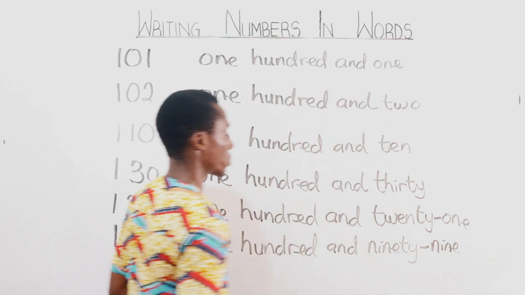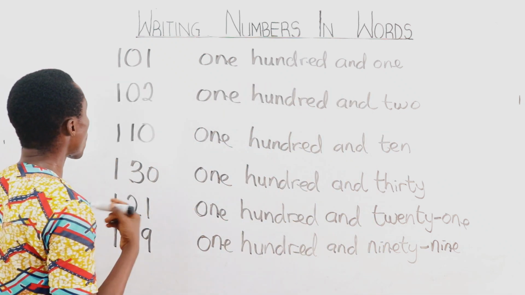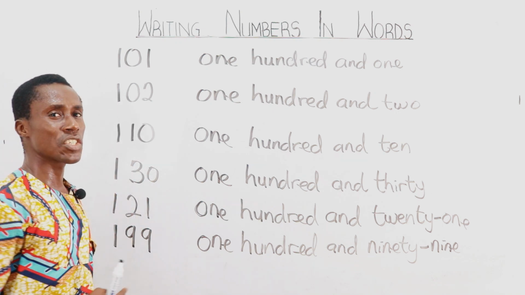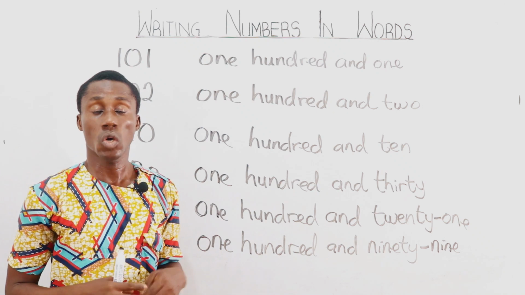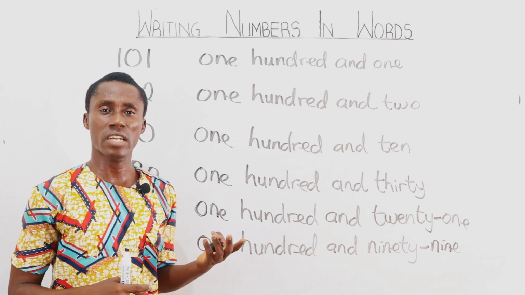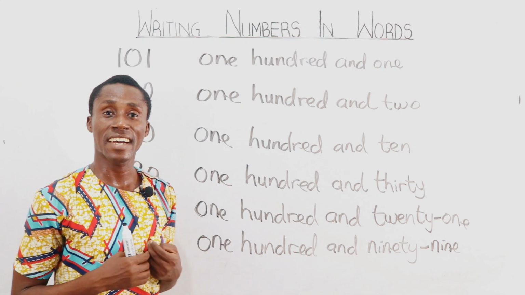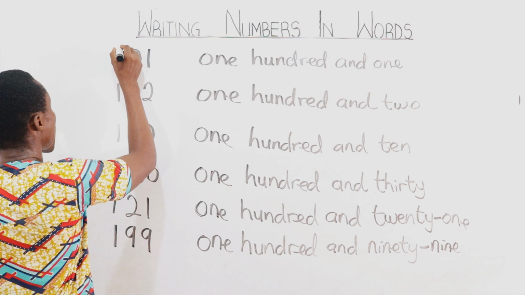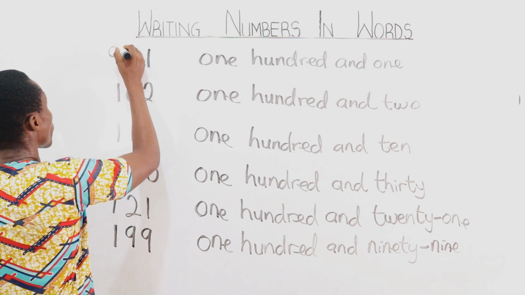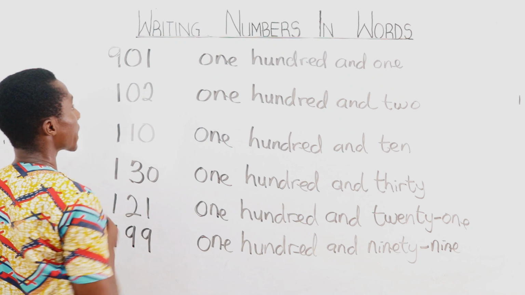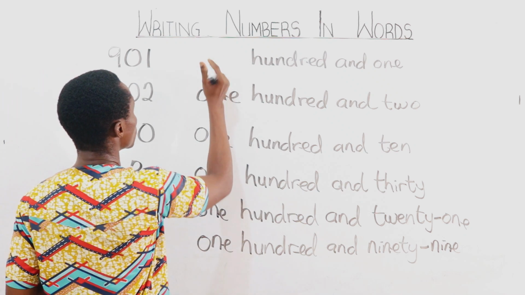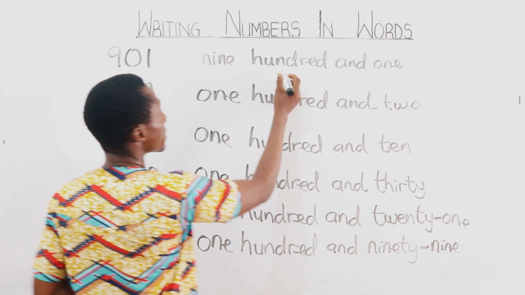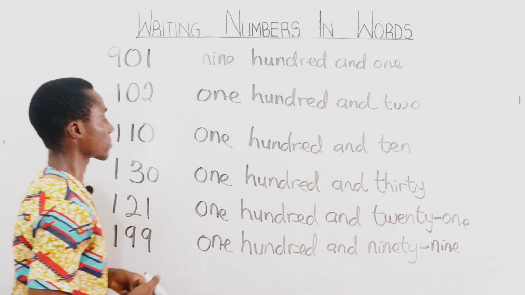Okay, good. Now we should also realize that the 100s can change to 200 or 300 or 400 or 900. So if this was 901, we are simply going to have 901.